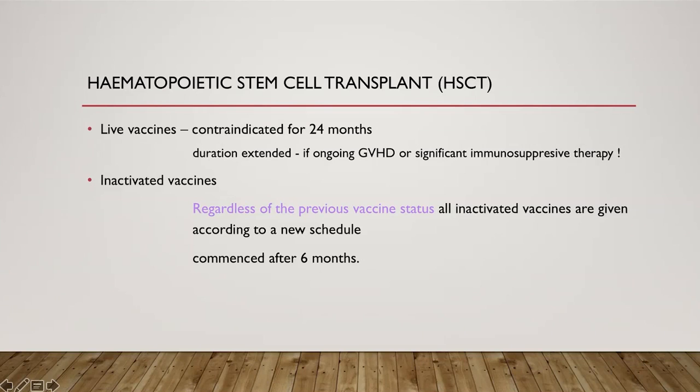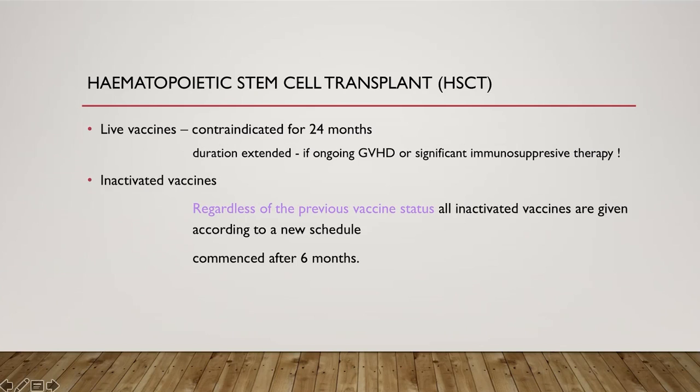Inactivated vaccines, now regardless of the previous vaccine status, once the child has undergone hematopoietic stem cell transplant, we have to forget the vaccines which have been given before. You need to restart the course. So all inactivated vaccines are given regardless of the previous vaccine status, and this should be given according to a new schedule.